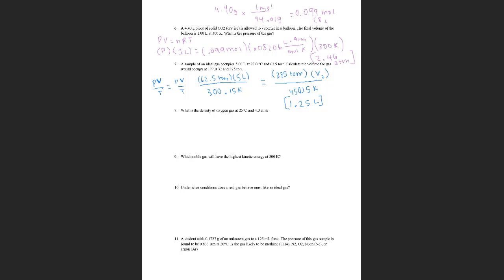Okay, so let's do number 8. Number 8 says, what is the density of oxygen at 25 degrees Celsius and 4 atm? So for finding density, do y'all remember the version of the formula that we use for PV = nRT?